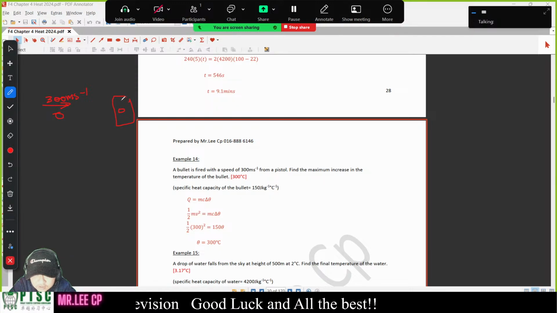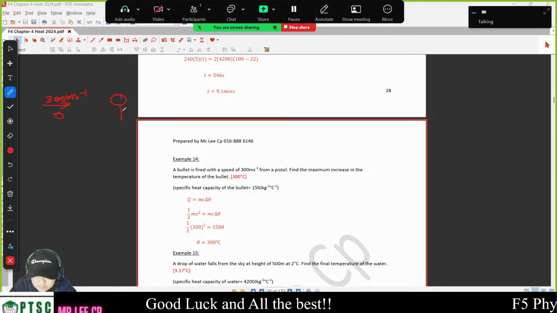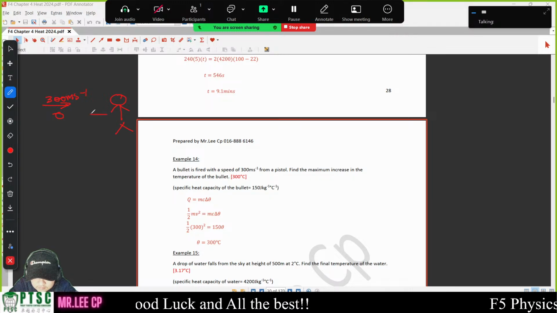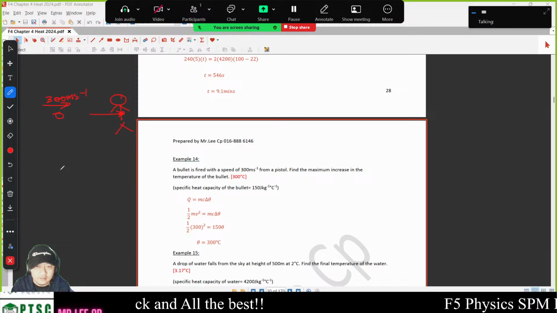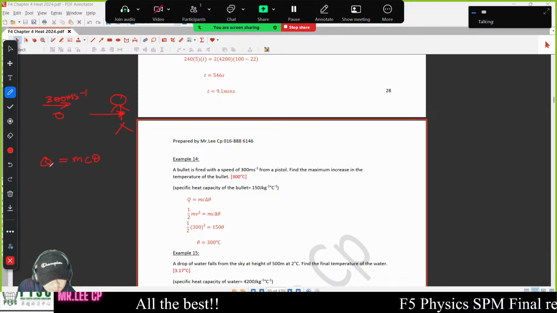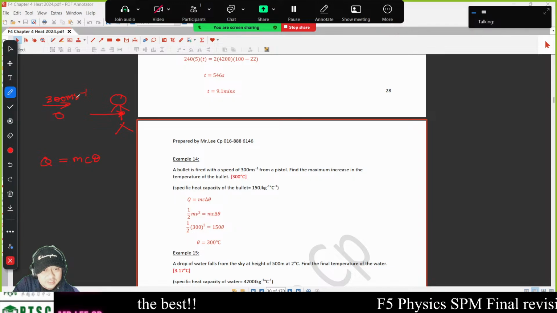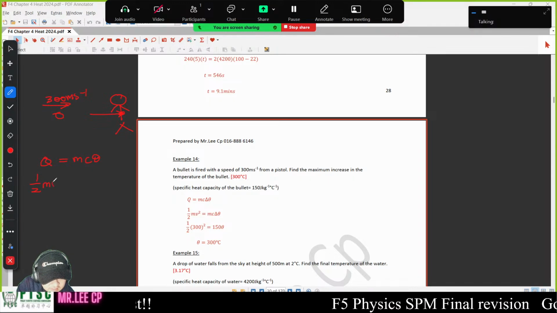Let's say it embedded into your body, so your body will get hot. So Q is equal to mc theta. What is Q? Q is the energy from here. What kind of energy is it? Kinetic energy.